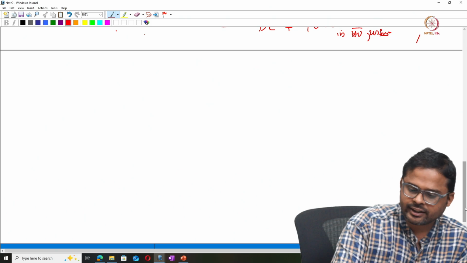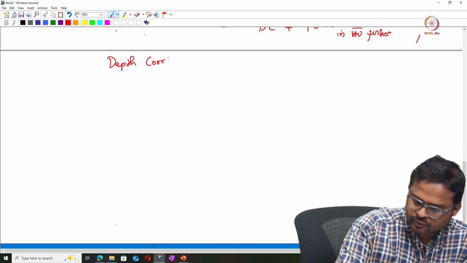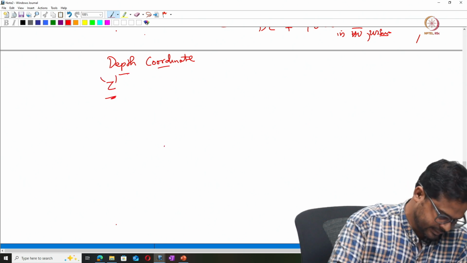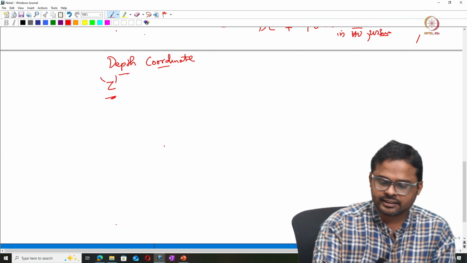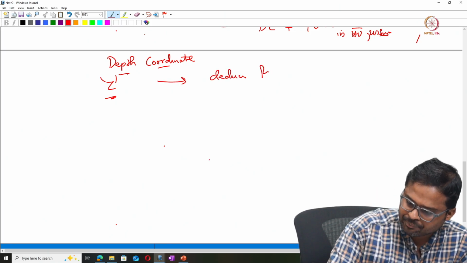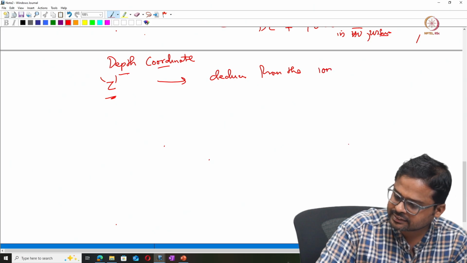Now we will talk about the depth coordinate Z. This Z is actually deduced from the ion evaporation sequence.